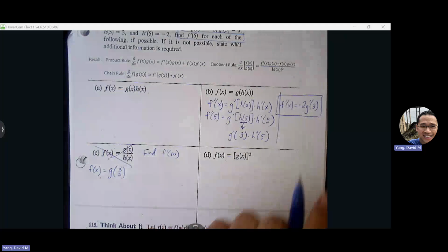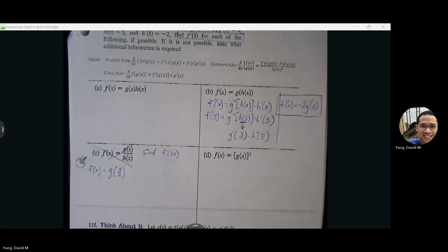That's as far as we can go, since we don't have enough information about g prime of 3. Any questions with part B?